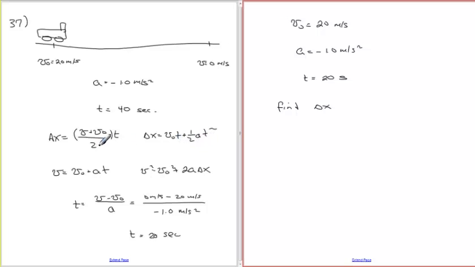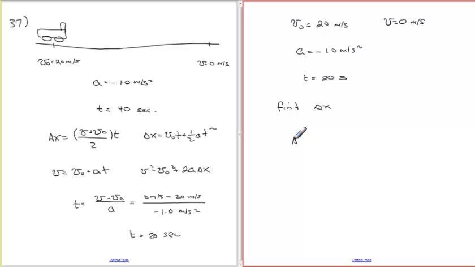And we don't know the time. Well, we do know the time. It's 20 seconds. So I guess there are a lot of different ones that we can use here. Seems like there's too many. We know here that v is equal to 0 meters per second. So we really know 4 things, and so you can pick any 3 or 4 of the equations.